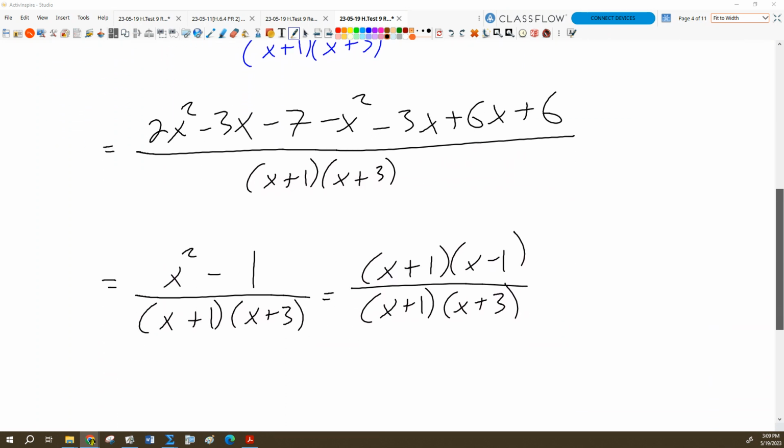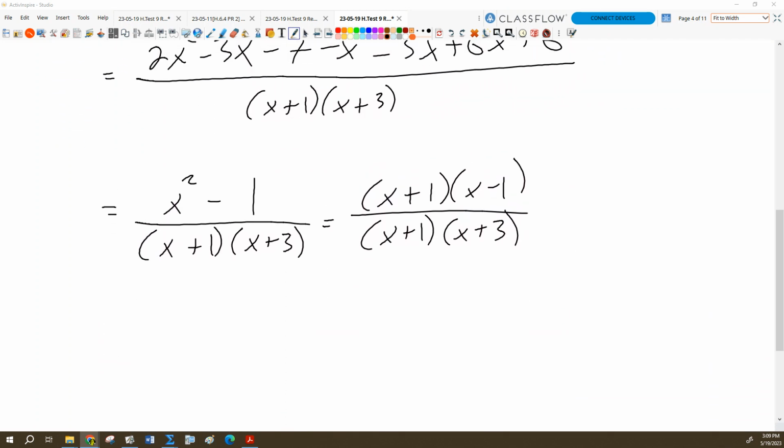Now, do I need to exclude anything here? So what values do I need to exclude then? Okay, so x cannot equal -1 or -3. Now I got to exclude values before I cancel, right?